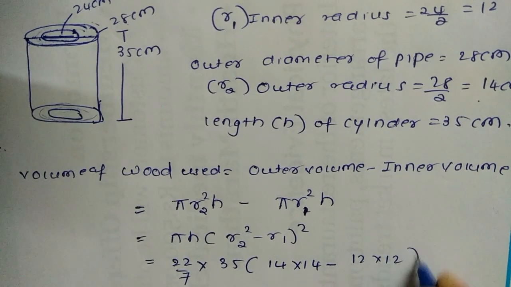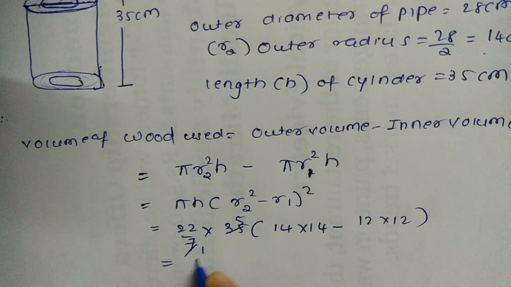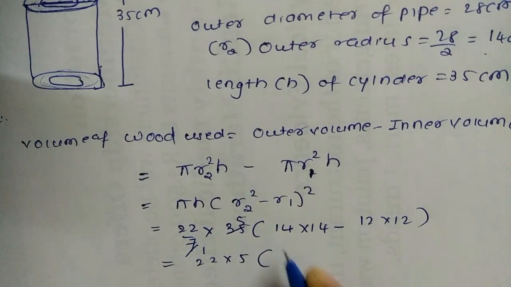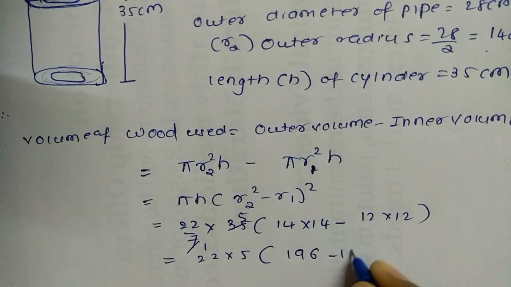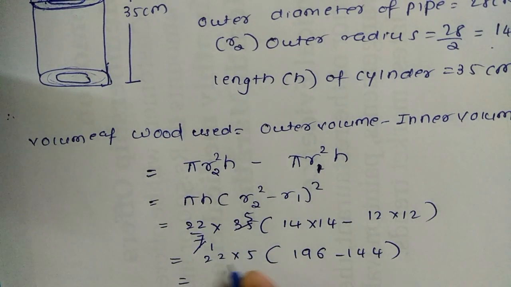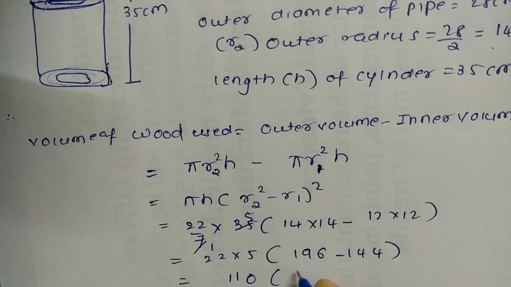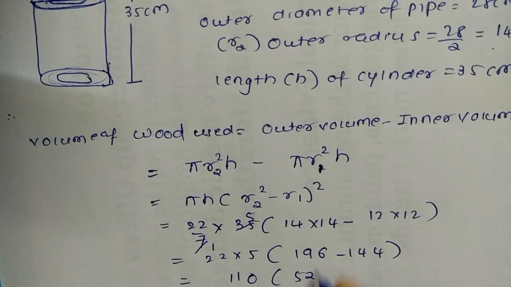Here 7 ones are 7, 7 fives are 35, so 22 into 5 is 110. Then subtract: 14 times 14 is 196, minus 144. 196 minus 144 is 52.